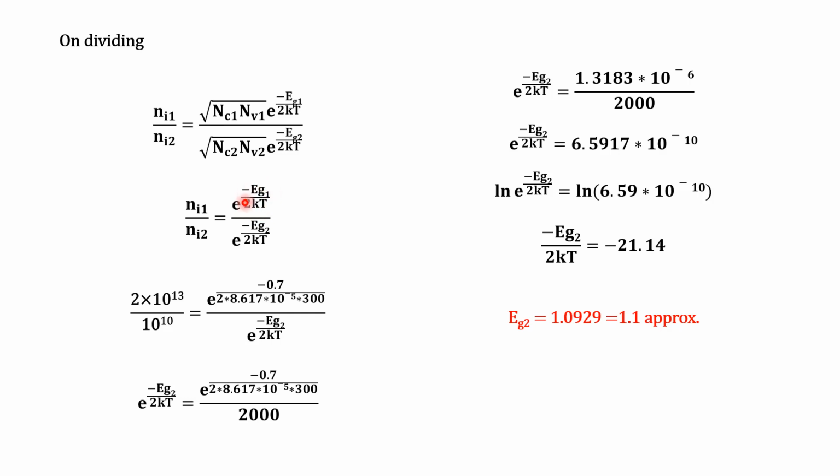So this e power something will give us a constant value that we cannot cancel out, since here we have some variable and here we have a constant. If Eg1 is equal to Eg2, then we can cancel out. Only in that case we will be able to cancel out. Otherwise we cannot cancel out.